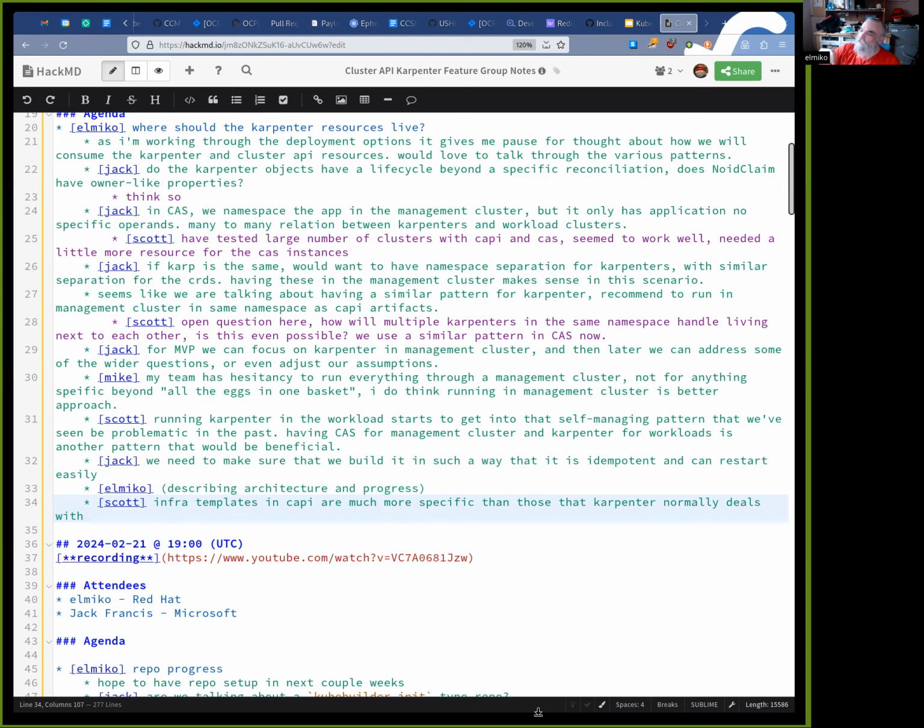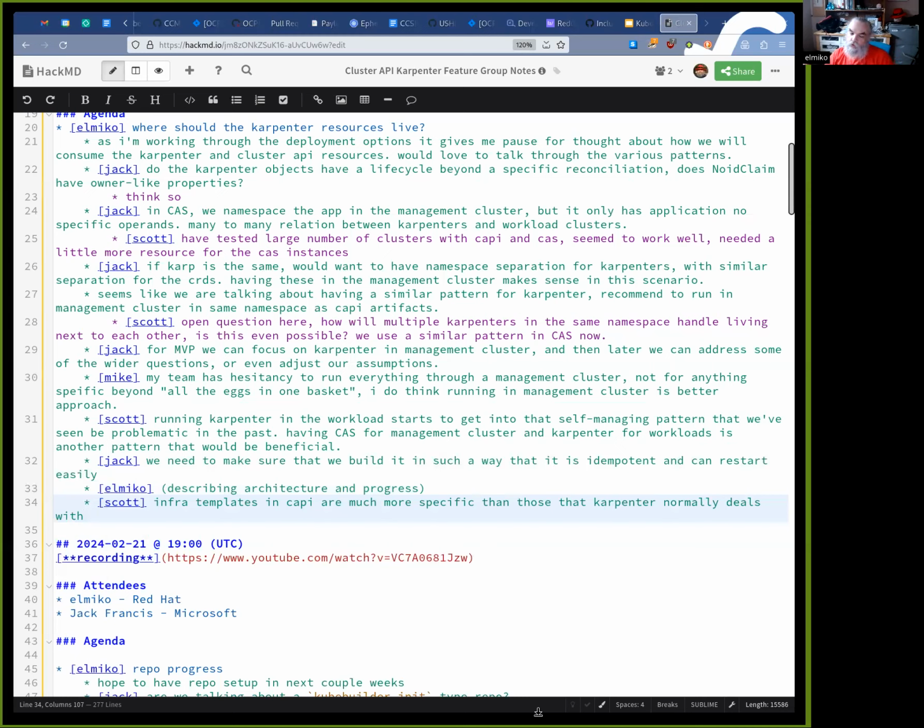I'm not quite sure what shape that's going to take yet, but I'd been thinking about this: if we had an infrastructure machine template and you were somehow able to vary parameters on it, like the region, or maybe if there was a way for us to collect a bunch of infrastructure machine templates and describe a field that could be mutated, that might be a way for us to tell Karpenter, okay, you've got this size machine and it can exist in all these different zones.